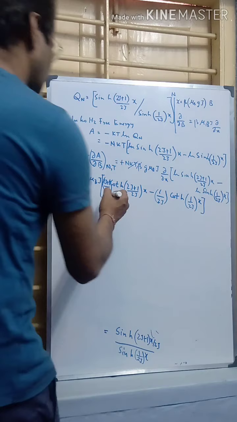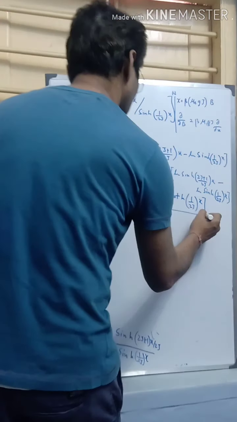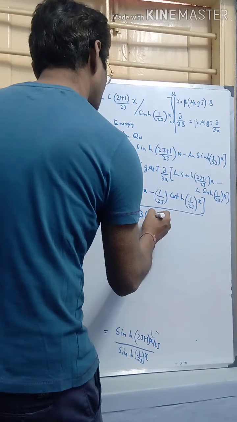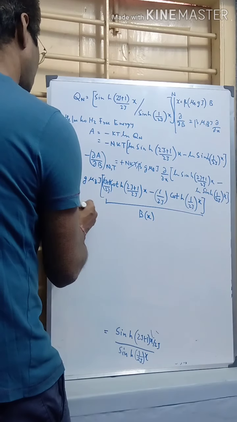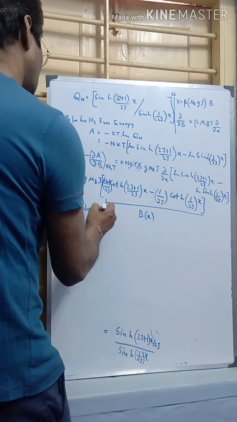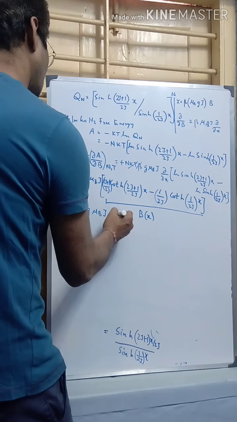This function we call the Brillouin function B_j(x), and we can write this as N g mu_B j B_j(x).